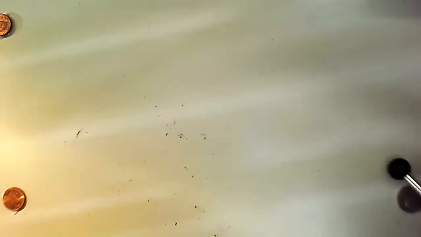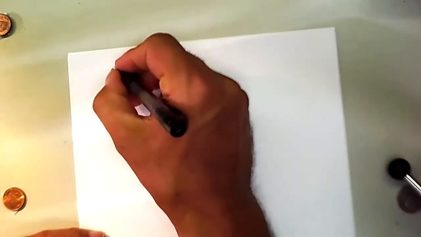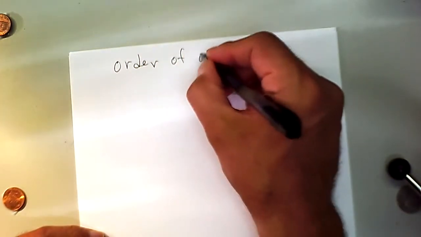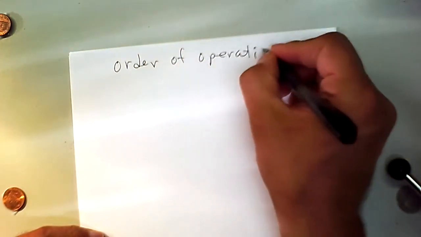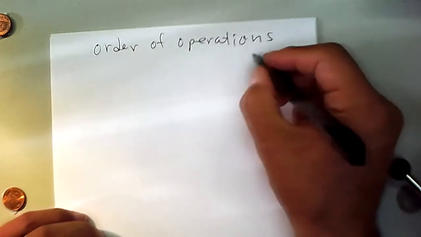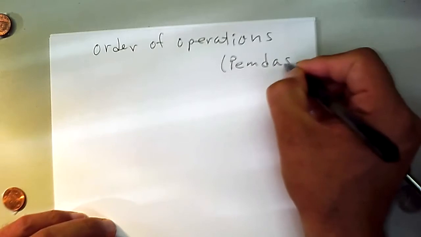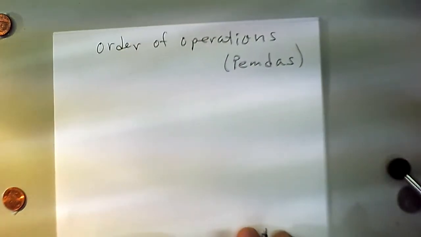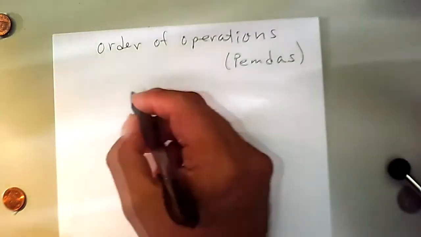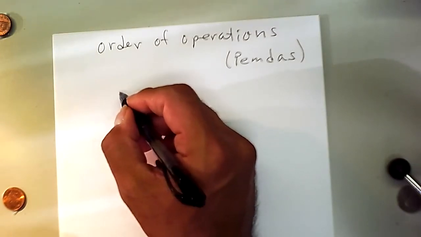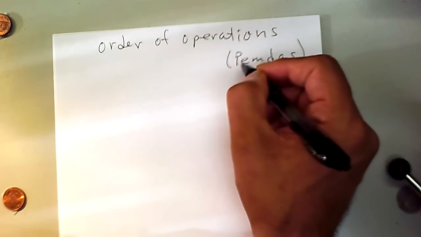That brings me to the order of operations, also known as PEMDAS. Some people have used this, and that's okay. The first thing that we have to give priority to is parentheses.